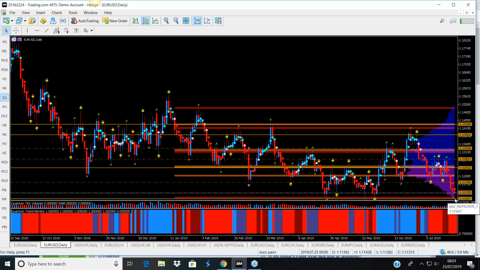And the other thing about the euro you have to remember is that with the ECB or Draghi, the markets have a certain expectation. Like today, there's more QE, the interest rate is expected to go further into negative territory.